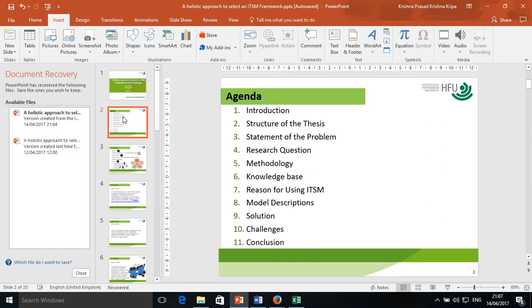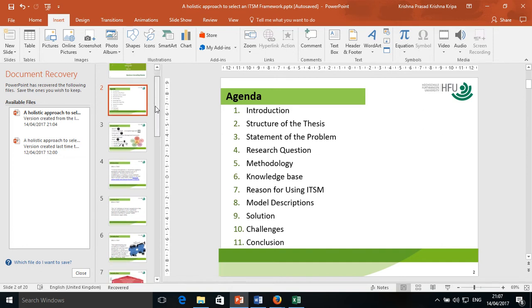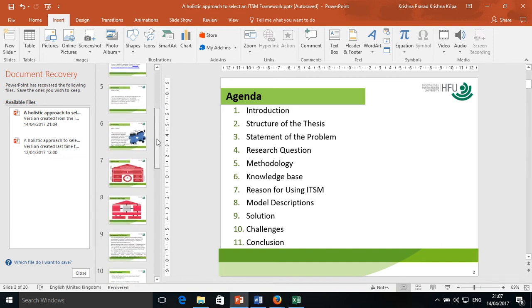I explained what I mean by knowledge base, and also the reason for using ITSM, and I tried to describe different models. And this comes the solution part.